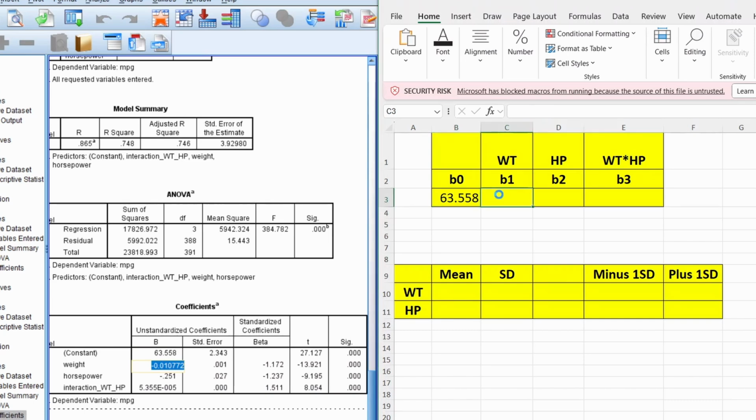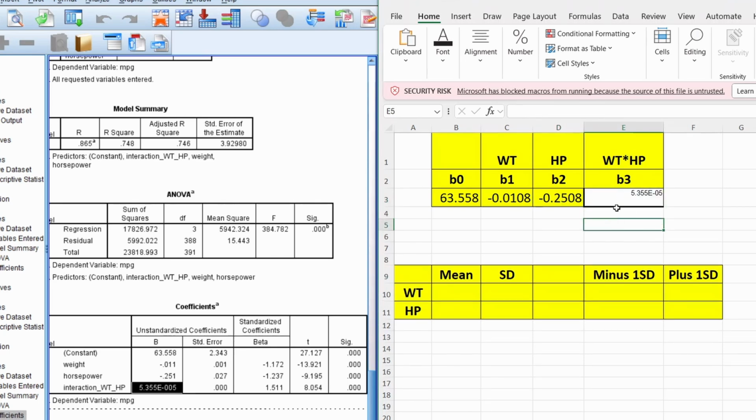And this is the weight coefficient, because there are a lot of decimals. Actually, this is very critical, so we want to make sure we get it right. Actually, this is not exactly what we want.